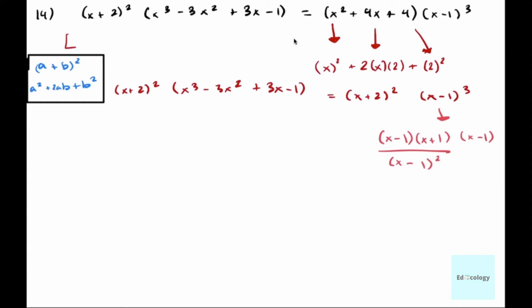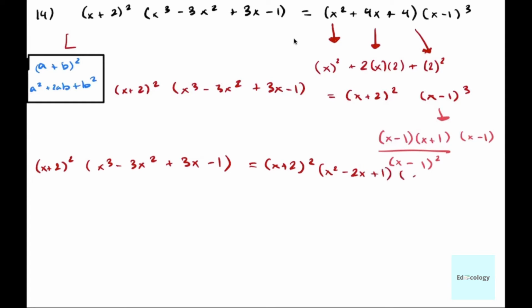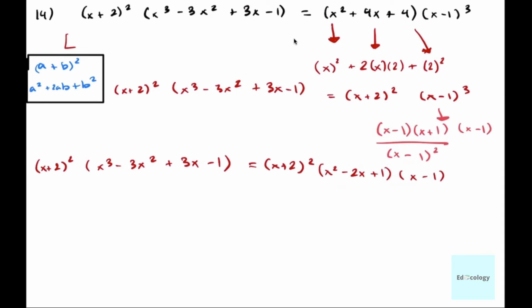So we're going to rewrite this into (x plus 2) squared times (x cubed minus 3x squared plus 3x minus 1) and (x plus 2) squared times (x minus 1) squared times (x minus 1). And then the expansion of (x minus 1) squared is a squared, which is x squared, minus 2ab, so minus 2x, plus b squared, which is plus 1, and then times (x minus 1). So we're going to multiply these together using the distributive property.